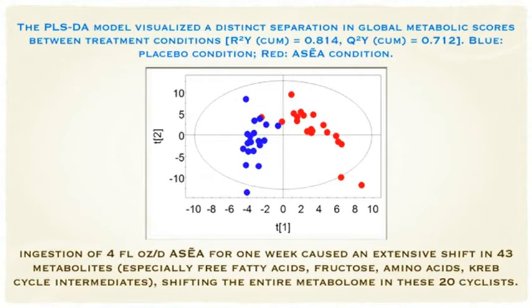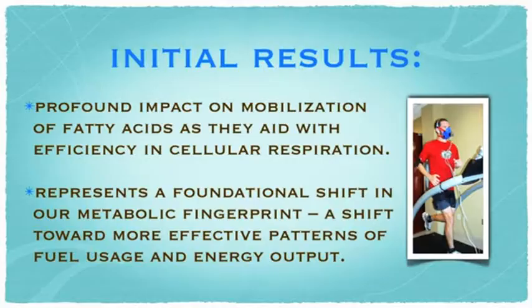And all of these were done without any evidence of injury to kidney function or liver function. So it led the way for the need for further studies. So, a profound impact on our mobilization of fatty acids as they help in cellular respiration. And this is a foundational shift in our metabolic fingerprint that they've never seen before.